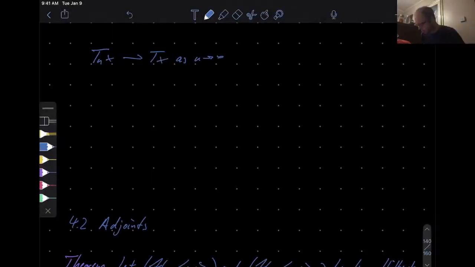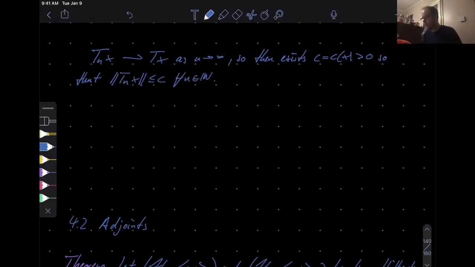Yeah, but then by that previous theorem about weakly convergent sequences being bounded, we know there exists a constant c_x positive, so that the norm of Tn of x is less than or equal to c_x for all indices n.